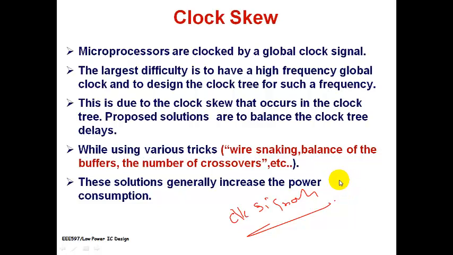I should now identify which particular path is receiving the clock early, which is getting the clock late, and based on them, if needed, do wire snaking. I would make the clock travel through an unnecessarily larger path just to manage equal skew at the particular points under consideration.